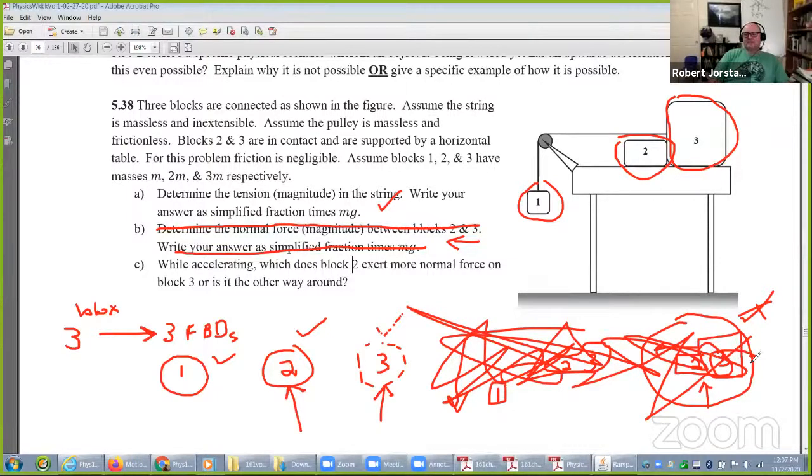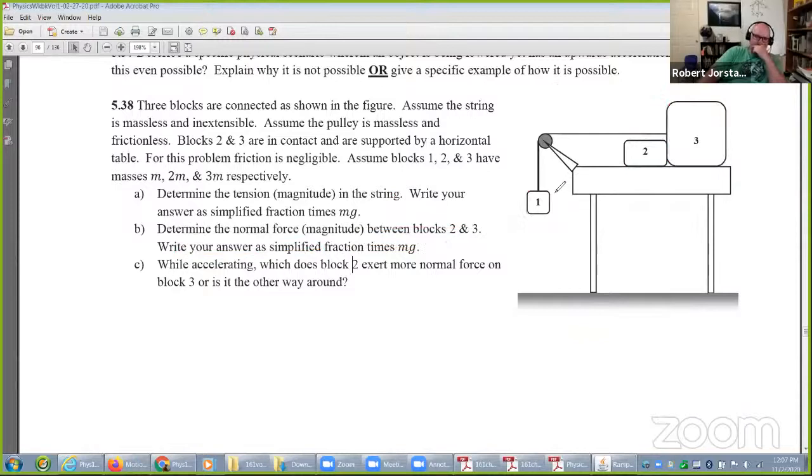And that's how the system might be useful on rare occasions. Anyways, I just wanted to allude to that. Any questions about that? You can always do one separate FBD for each block, and that'll get the job done. If you were clever, in this case, the system for the 2-3 block might save you some time, and then you could skip block 3.